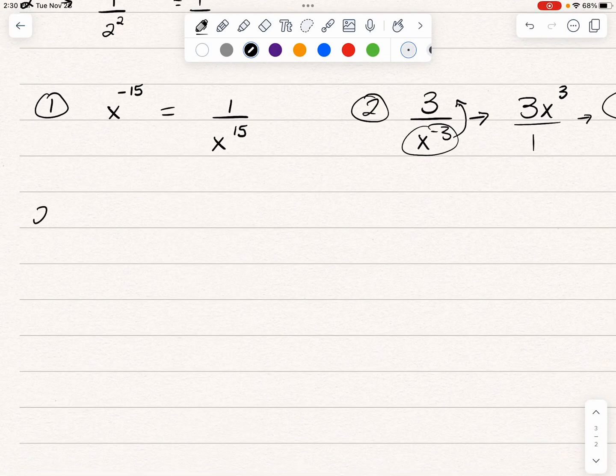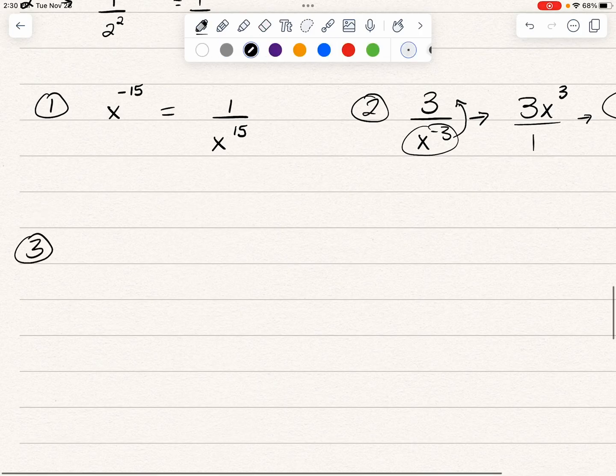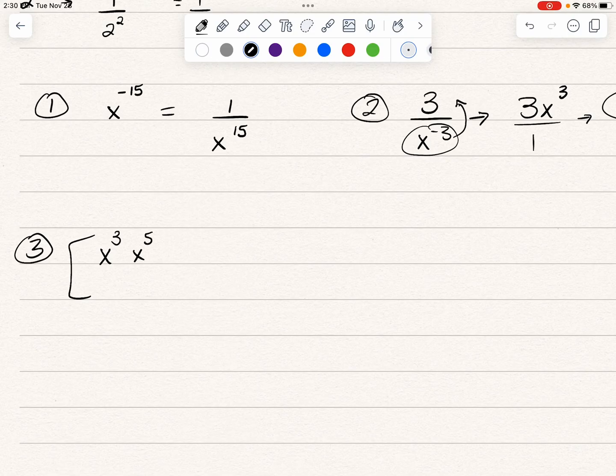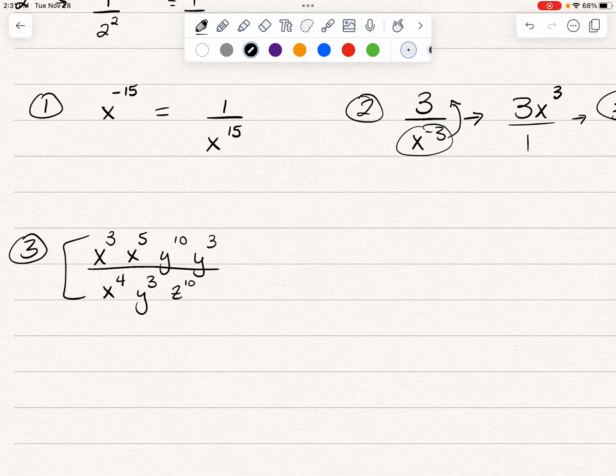Okay, let's look at example 3, one that applies multiple rules for us. So let's look at the following: x to the third power, x to the fifth power, y to the 10th, y to the third, all over x to the fourth, y to the third, z to the 10th, all of these raised to the -2 power.